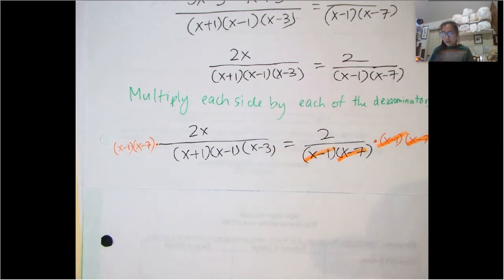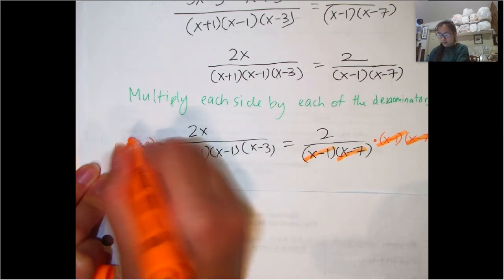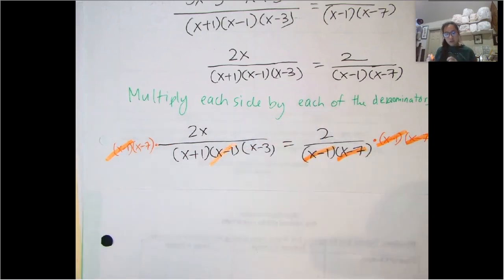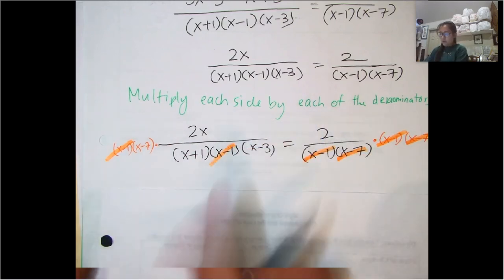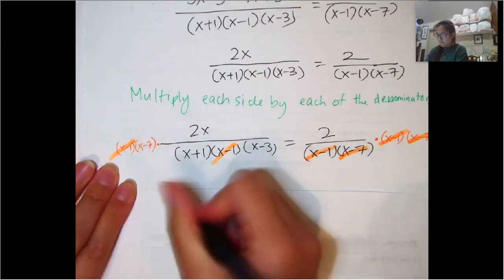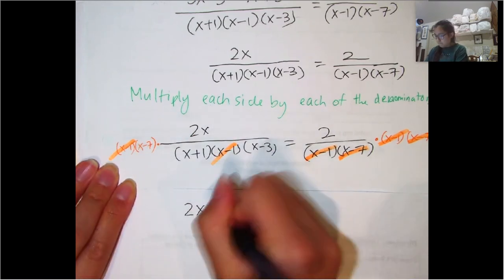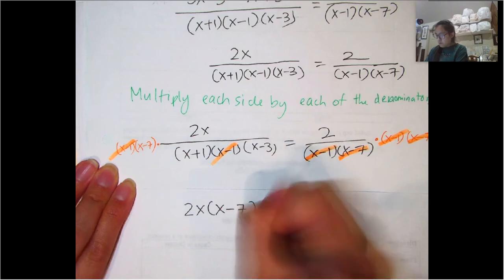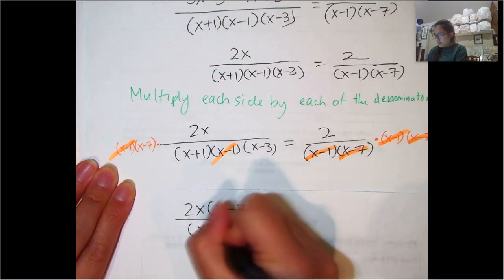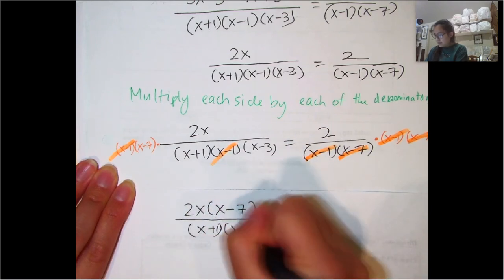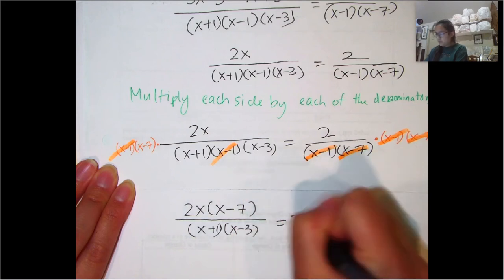On the left side, you'll actually see that since there's one of the factors in common, the x minus 1, those will also divide out or 1 out. And so you're left with 2x times x minus 7 over x plus 1 times x minus 3 equals 2.